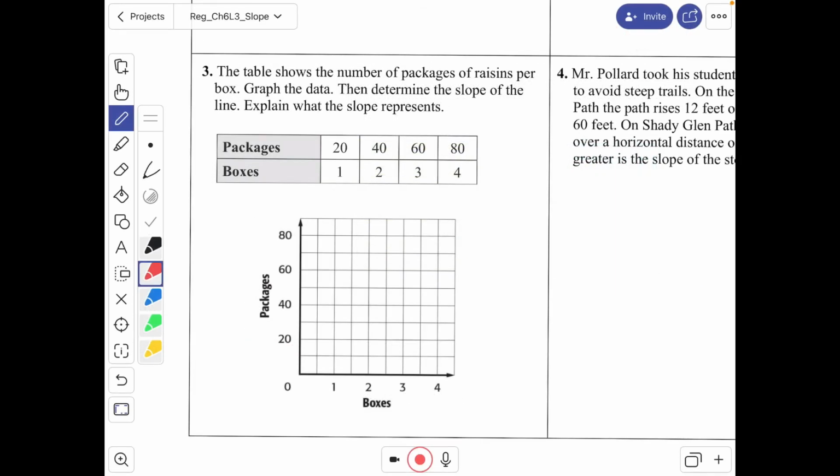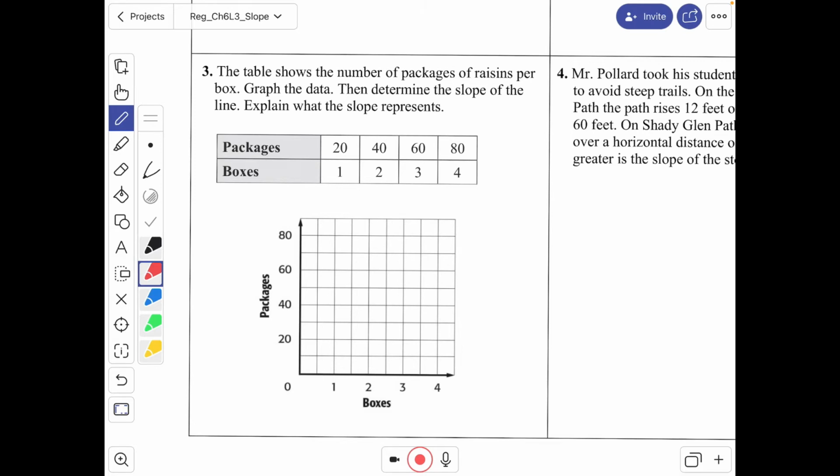Today on your own, you're going to be doing some questions that have tables, and then you're going to be matching that to a graph. So let's do an extra example. This table shows the number of packages of raisins per box. Graph the data, then determine the slope of the line and explain what the slope represents.